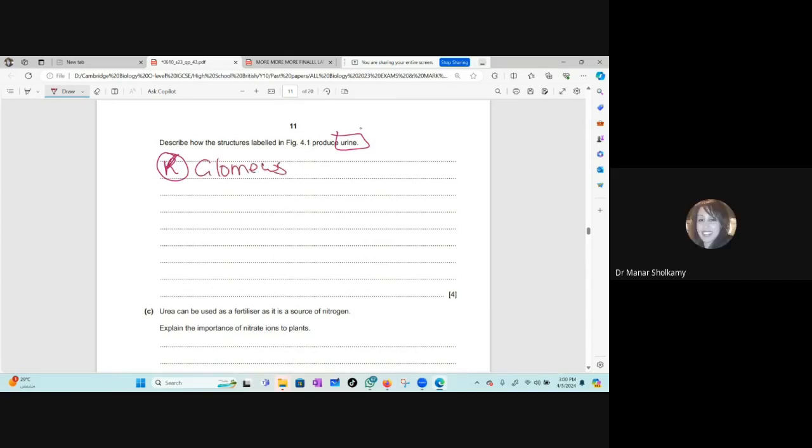And then because of this high pressure, what will happen? Diffusion is going to happen. No, not diffusion at all. Filtration is going to happen. Because of the high pressure, the small soluble molecules will be forced out of the glomerulus into the surrounding what?